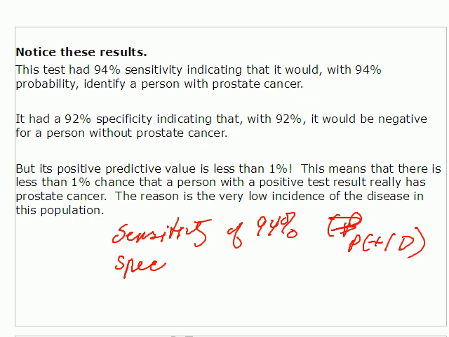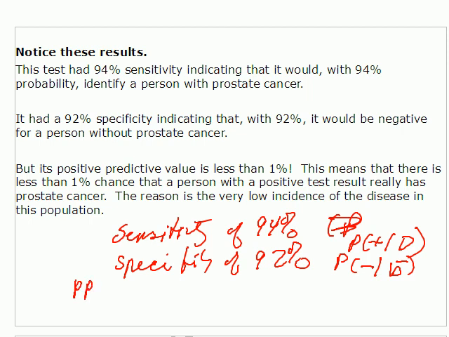It had a specificity of 92%, so this sounds like a great test. But what is the positive predictive value? In other words, what is the probability that a positive test will identify a person with this particular disease, in this case prostate cancer? It was less than 1%.